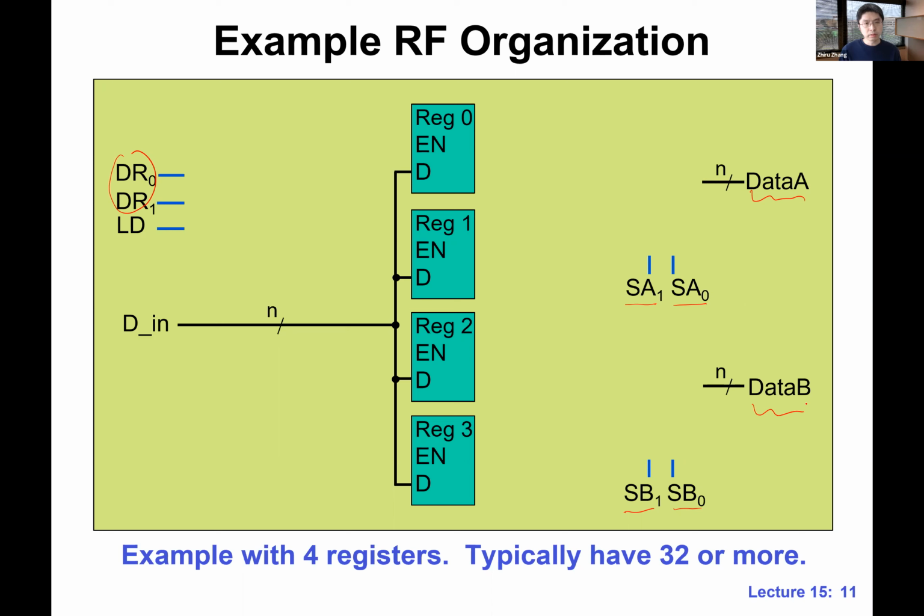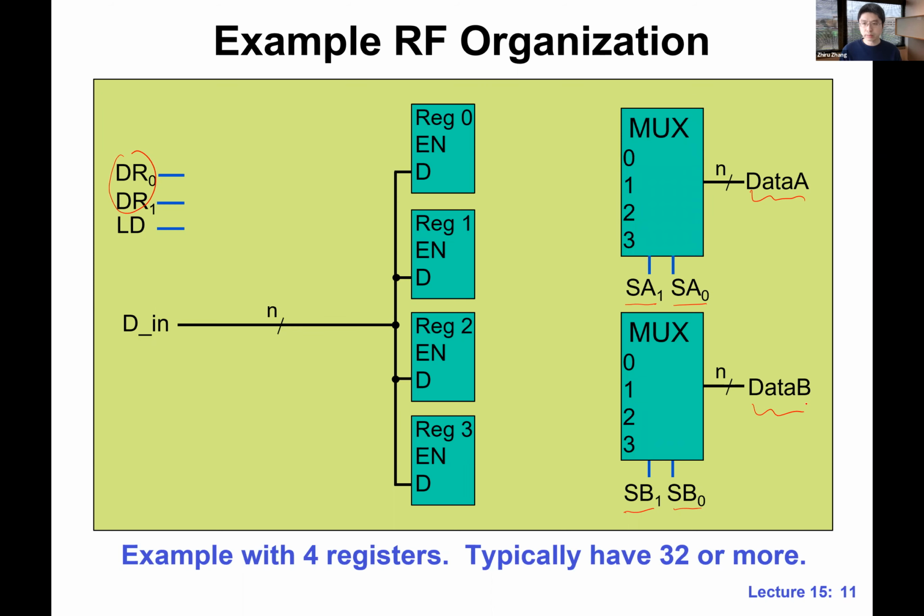What do we do? We may need to select from any one of these 4 registers. That's where we need muxes on each port. Over here we have a 4 to 1 mux for each read port, and we use SA and SB as the selection signals for the mux.